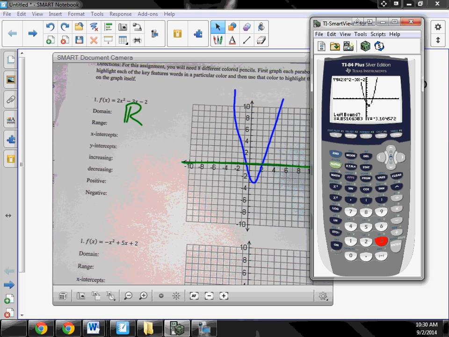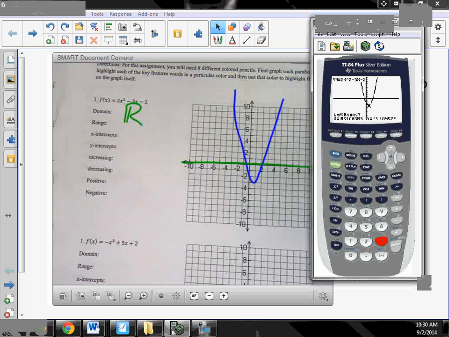How far on the x-axis do we find the minimum? It looks like about 1. When x equals 1, the graph is at its lowest point. Does everybody see that? When x is 1, the graph is at its lowest point.